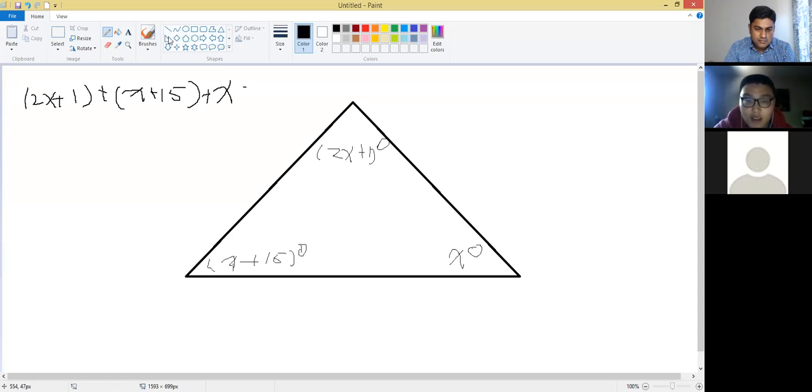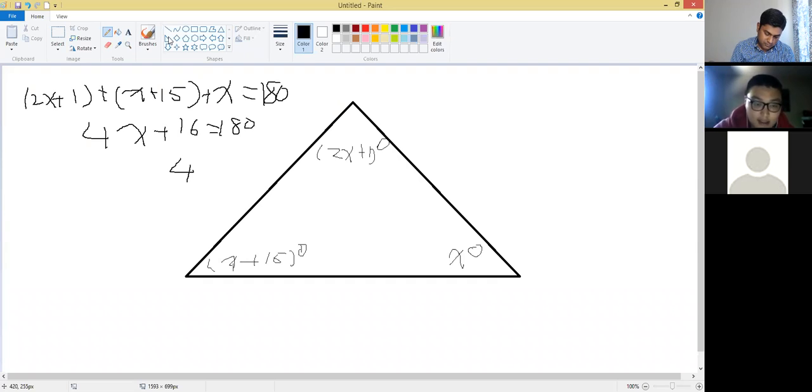This triangle should total 180. Then you solve for x. In total, you will have 4x plus 16 equal to 180. 4x equal to 164. x equal to 41.